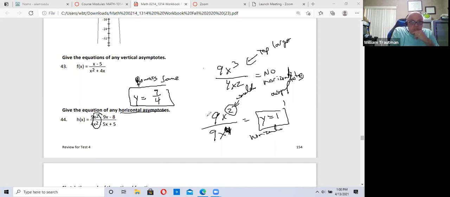If they're the same, the horizontal asymptote is y equals the numbers in front. If the top power is larger, there's no horizontal asymptote. If the top power is smaller than the bottom, the horizontal asymptote is always y equals 0. Always.